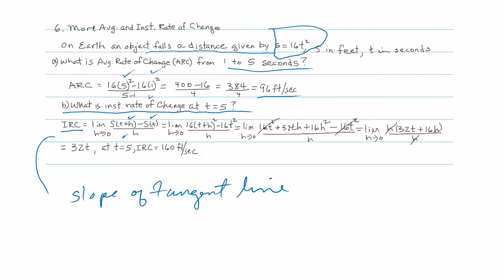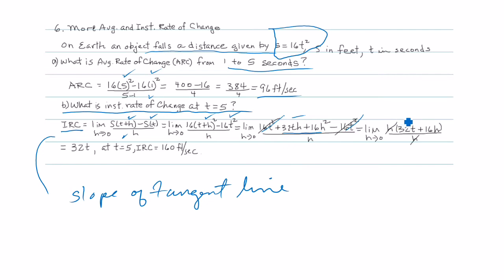As h approaches 0, plugging t plus h into the function, we get 16 times t plus h squared minus 16t squared. Very quickly, you subtract off 16t squared, and you're left with 32th plus 16h squared.